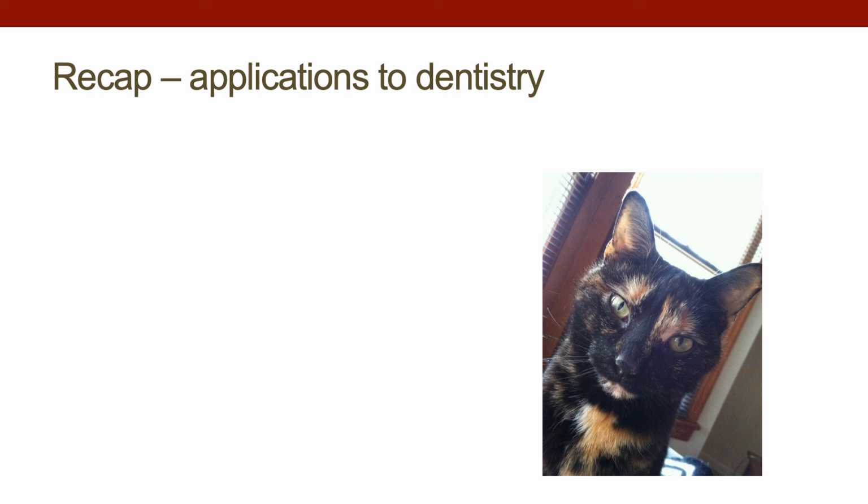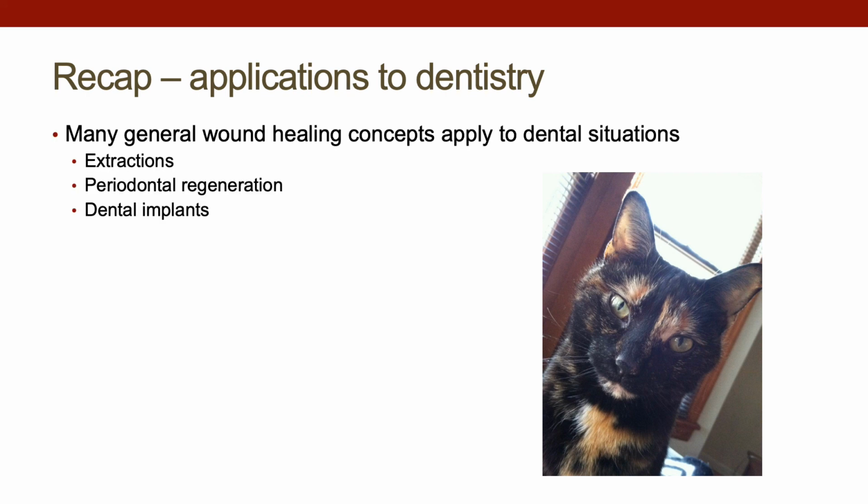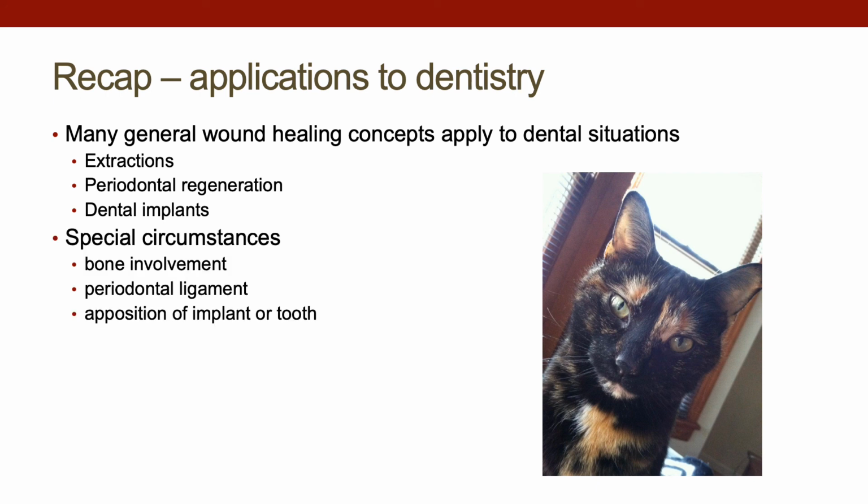And applications to dentistry: many general wound healing concepts can apply to dental situations. Many of the same cytokines are involved, and the situations can be extractions, periodontal regeneration, dental implants. There are special circumstances in dental wound healing.